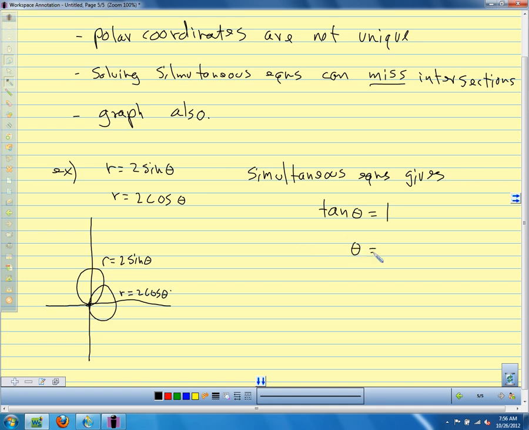So theta is pi over 4. Simultaneous equations don't give us this point of intersection at the pole. Anybody have an idea of why we don't get that point at the origin from these equations?